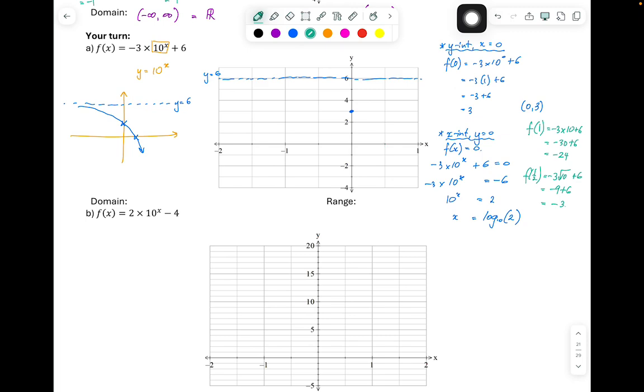So at 0.5, we're still somewhere down about here. Sorry, maybe I should be a bit more clear here. We've got -3 times roughly 3, that's negative 9 plus 6, which is roughly equal to negative 3. So at an x value of 0.5, our y value is around negative 3, which means that our x-intercept must pass between these 2 points here.